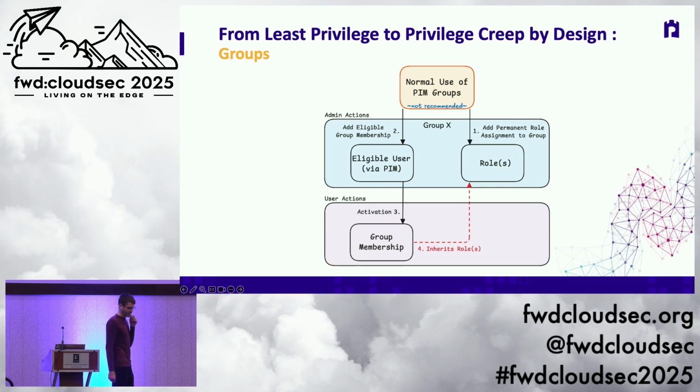Because keep in mind, when we do this, we're never going to see anybody activate a role anymore. What we're going to see is when that role initially gets added to the group, and that's it. When I go to activate my group membership, I could be getting access to 3, 4, 5 groups, because keep in mind, it's still a group. I can go nest this into other groups and just completely lose track of everything.